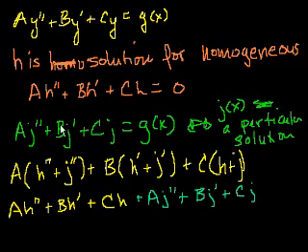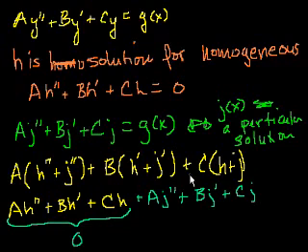Well, by definition of how we defined h and j, what is this equal to? We said that h is a solution for the homogeneous equation, or that this expression is equal to 0. So that equals 0. And by our definition for j, what does this equal? We said j is a particular solution for the non-homogeneous equation, or that this expression is equal to g of x.